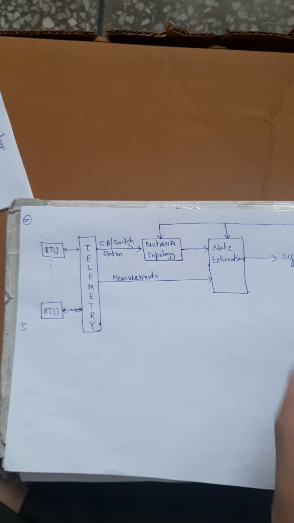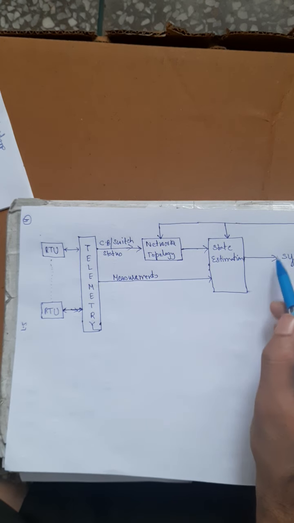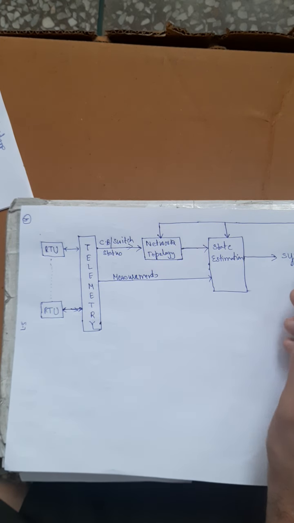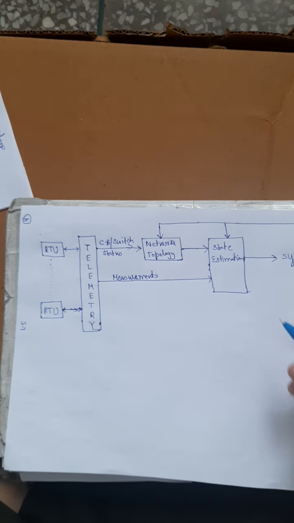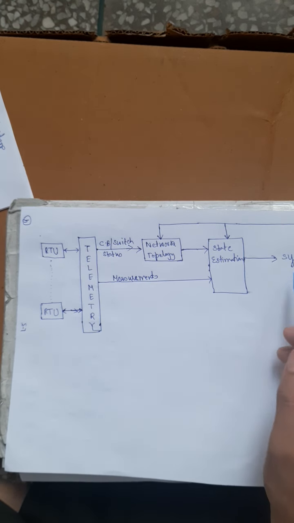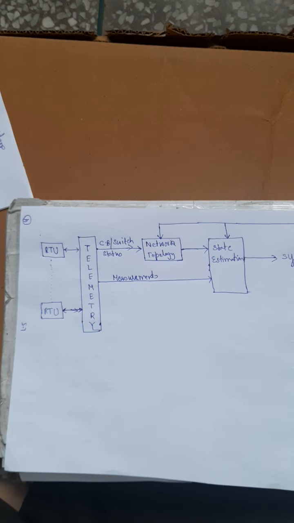Okay, so this information will be displayed on a screen in the control center, where the operator will check what the voltage is, what the current is, what the active power flow and reactive power flow in the line are. Is there overloading in the line? Is there any voltage violation in the line or not? So it will be displayed on a screen in a control center.